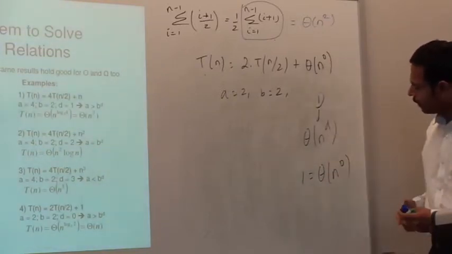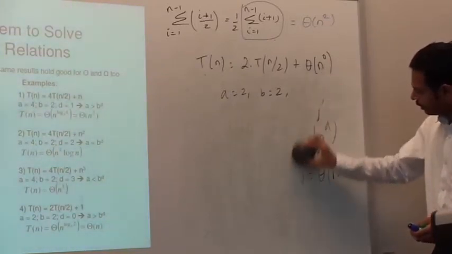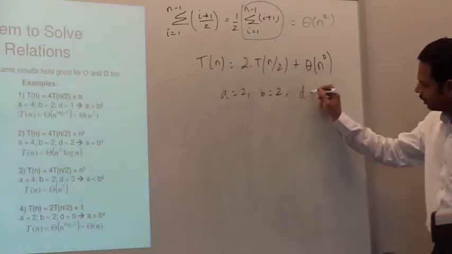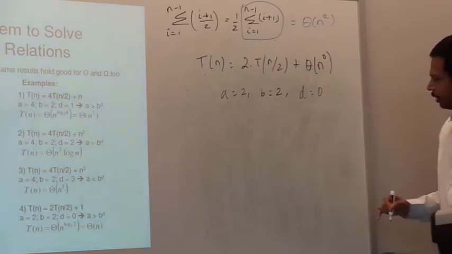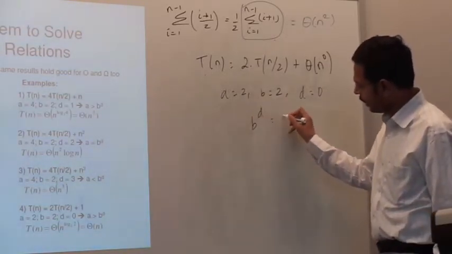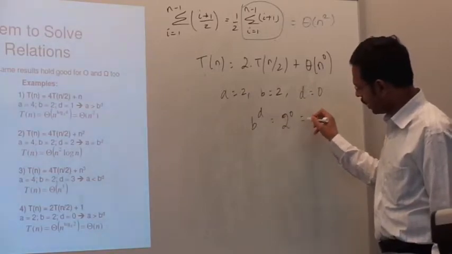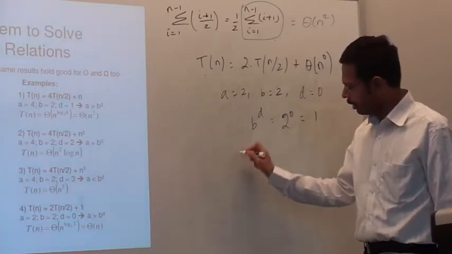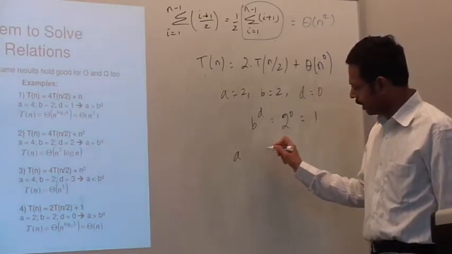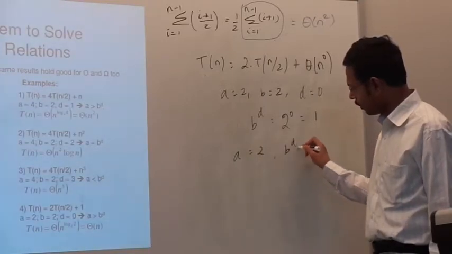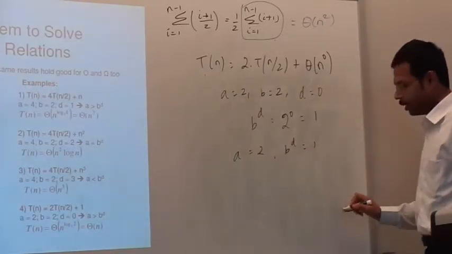So what is your next step? b raised to d is 2 raised to 0. What is that? 1. Then compare a and b raised to d. So a is 2, b raised to d is 1. Which is greater? A.